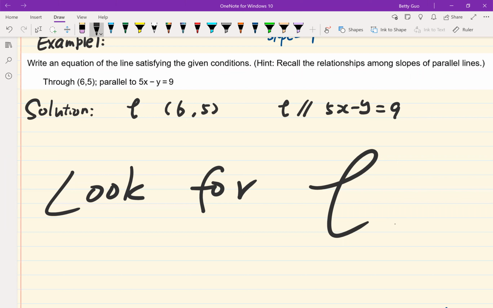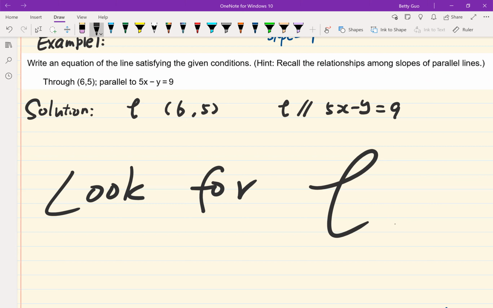Does that mean the slope of L is the same as the slope of 5x minus y equals 9? Look at the theorem we learned the other day. If two straight lines are parallel, then they have identical slopes, right? Their slopes are equal to each other. Does that make sense? The two conditions: the first condition, we know a point.